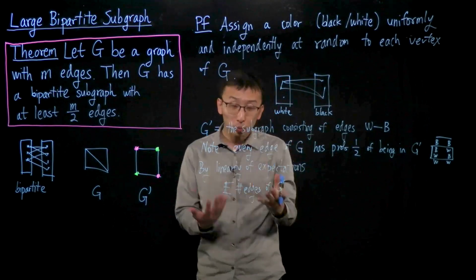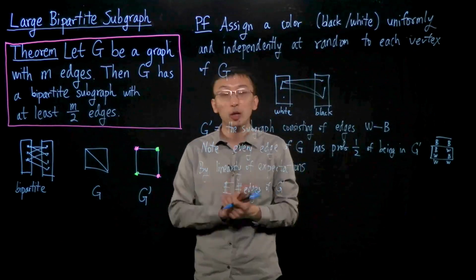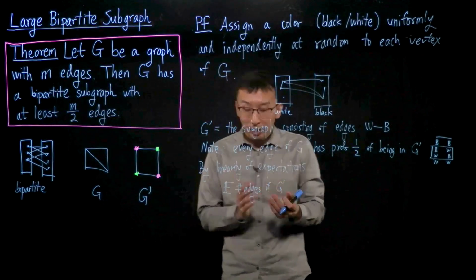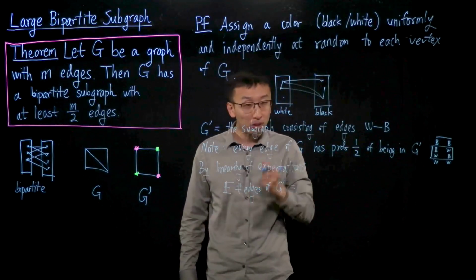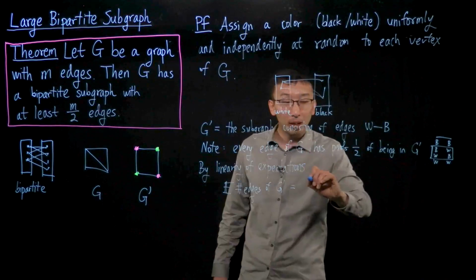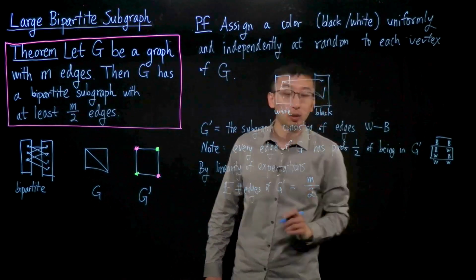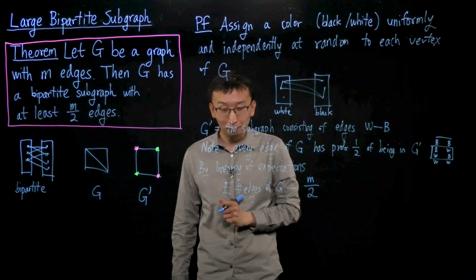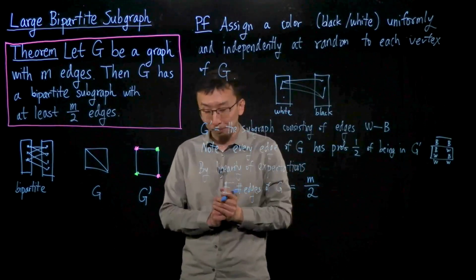So it's a random subgraph. So the number of edges of G prime is a random variable. But this random variable has an expectation. And we can compute this expectation using linearity of expectation, because each edge falls in G prime with probability 1/2, and therefore the total expected number of edges in G prime is m/2. This is the expectation. This is what happens on average.